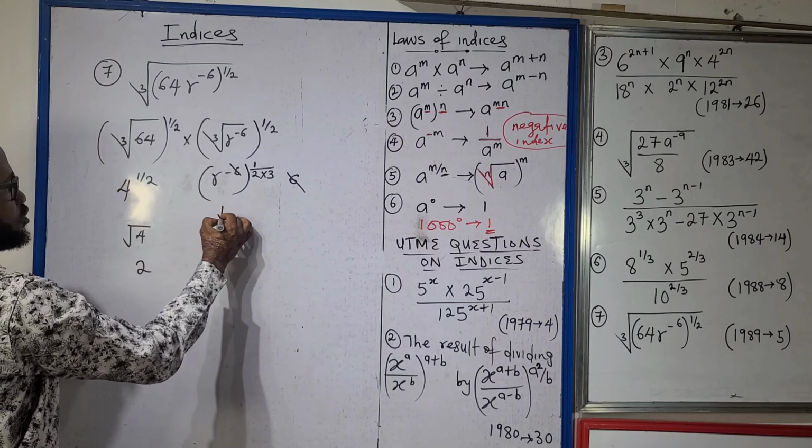Take away 3 raised to power 3 times 1 over 3, 3 is going to take out 3, all divided by 3 times 2 raised to power 3. So I'm going to be left with 3 raised to power 3 minus 3 raised to power 1, divided by 3 times 2 raised to power 3.